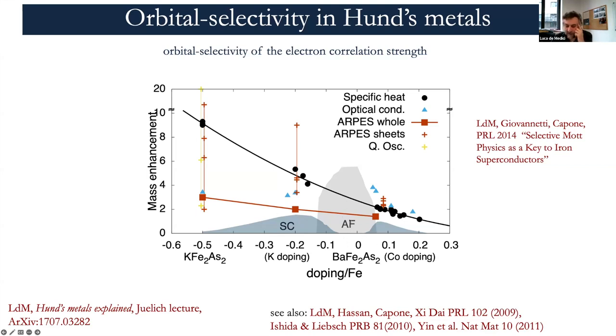And the spread of these different estimates, I will not enter into this, but the increasing spread of these estimates of the mass enhancement can be interpreted as increasing orbital selectivity of the correlations. In particular, the XY orbital, which is the closest to half filling, is the one that shows most correlation strength and dominates the highest estimates.